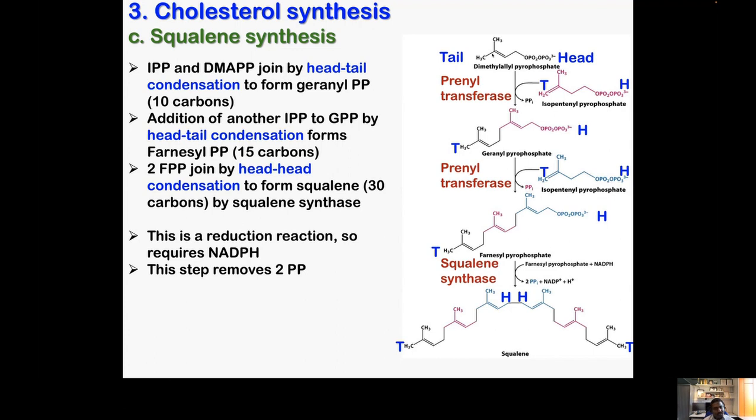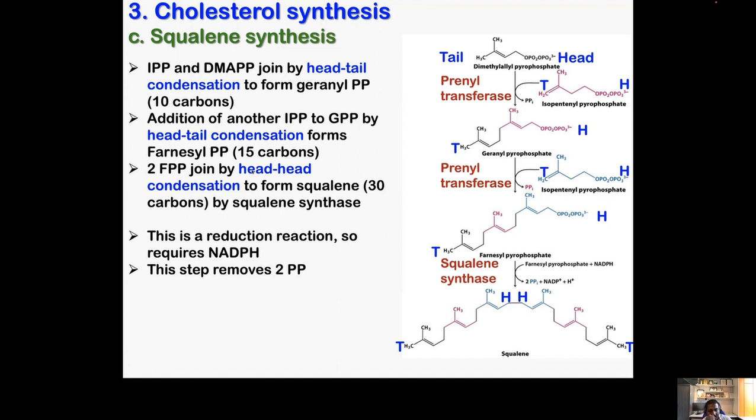Now the GPP is condensing with another IPP, head to tail condensation, producing a 15 carbon containing molecule called FPP. Now 2 FPP molecules join through head to head condensation, removing all the pyrophosphates completely from the structure. That's why it needs head to head condensation. Now it's producing squalene. Squalene is a 30 carbon containing molecule.